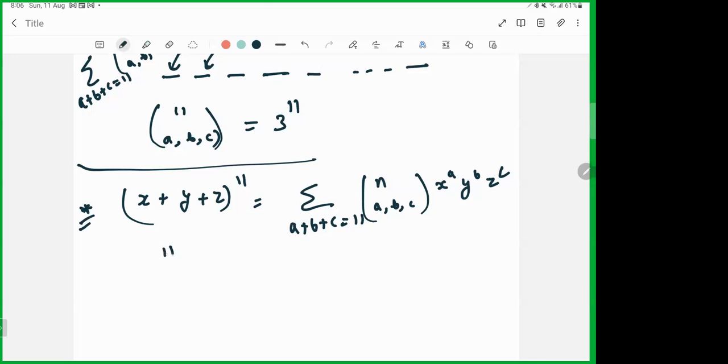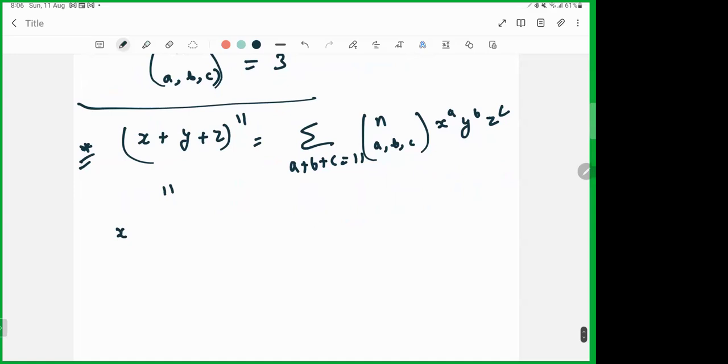Let me tell you. What you are doing is multiplying this 11 times. So how many times does x to the power a, y to the power b, z to the power c appear?